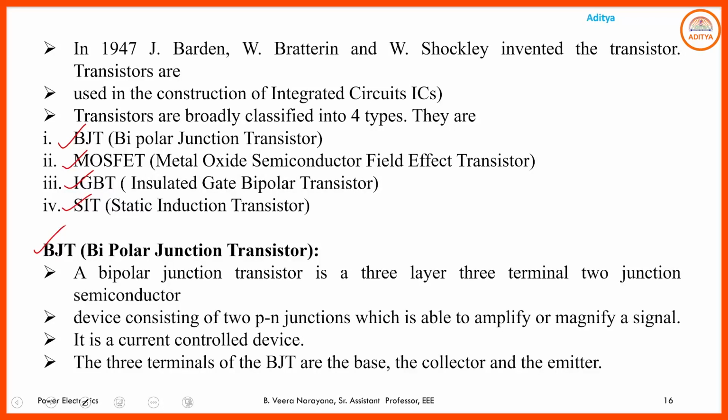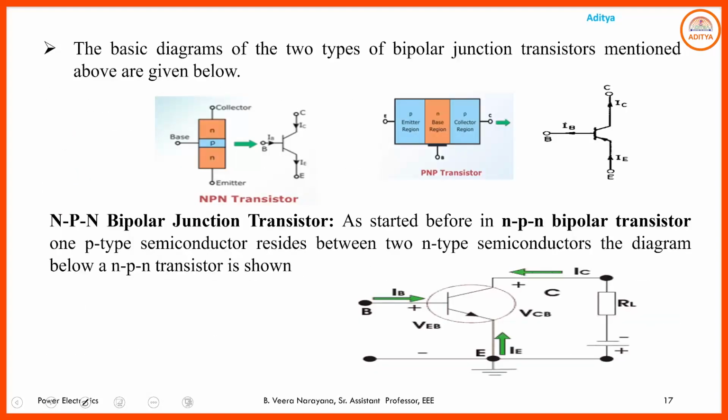If you go through the structure of the BJT, depending upon the construction, BJTs are mainly classified into two types, either NPN transistors or PNP transistors. And these BJTs are current controlled devices.